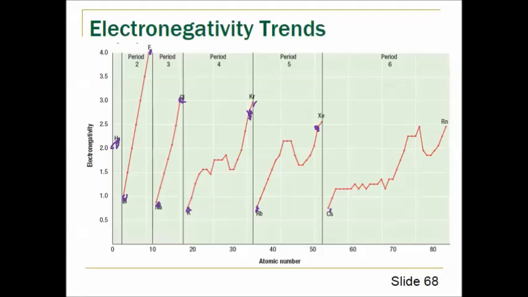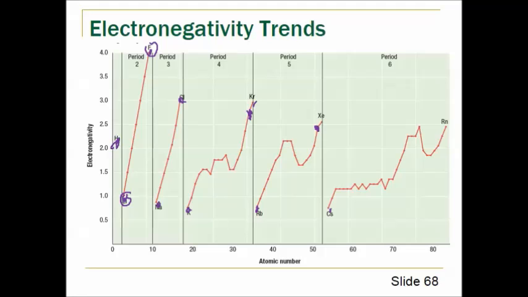What about when you go across a period? Well, here's lithium, and here's fluorine. That's sort of across period number 2. And you might be wondering, where's neon? Neon doesn't form chemical bonds. Neon and helium and argon, they never form chemical bonds, those 3 noble gases, so they're not shown here.